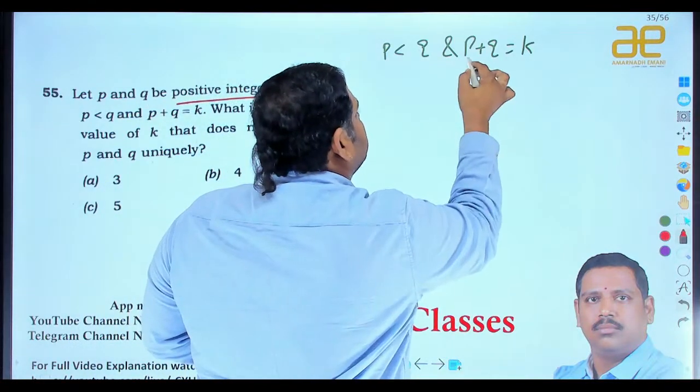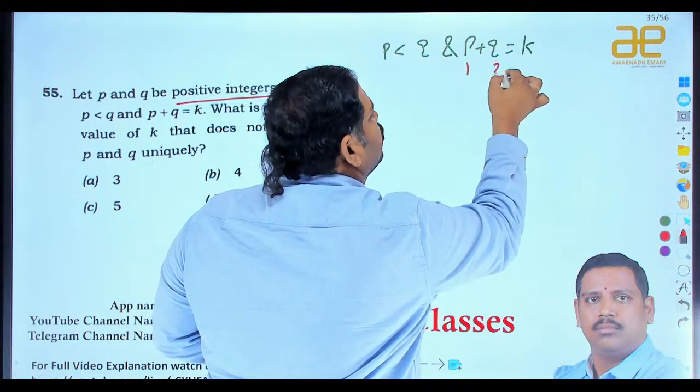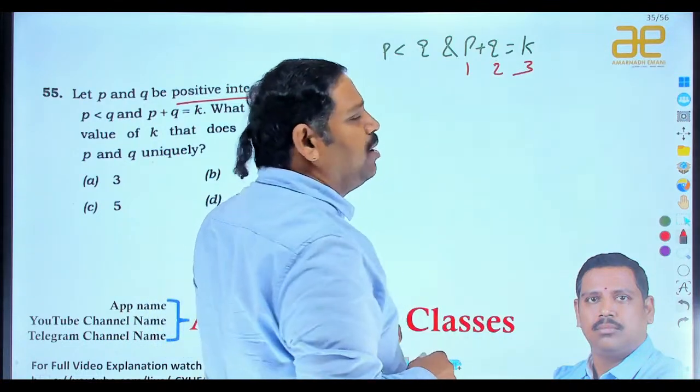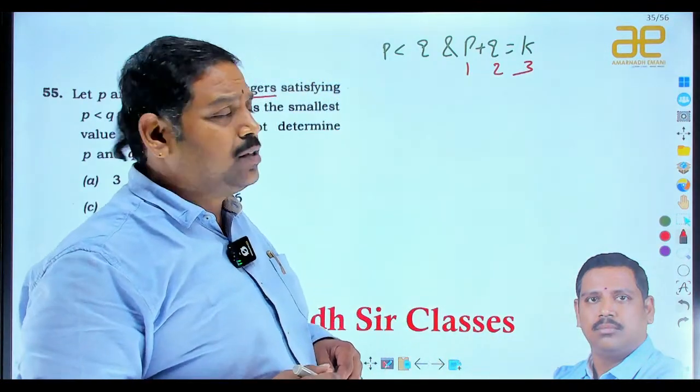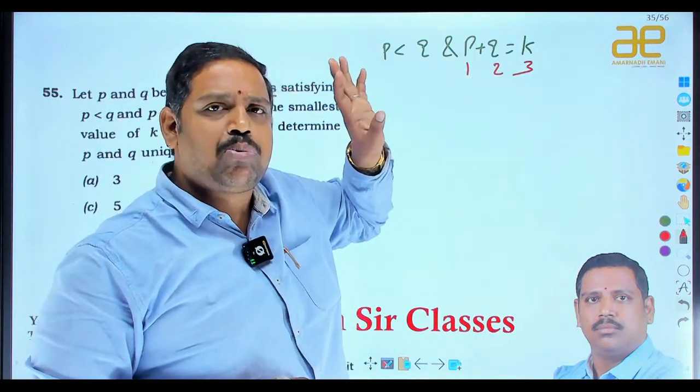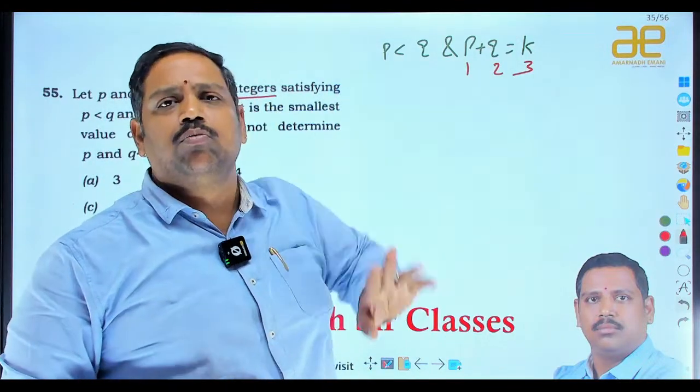So the least value of P is 1. If Q is 2, then K will be 3, right? So if K is 3, P and Q are unique, 1 and 2.